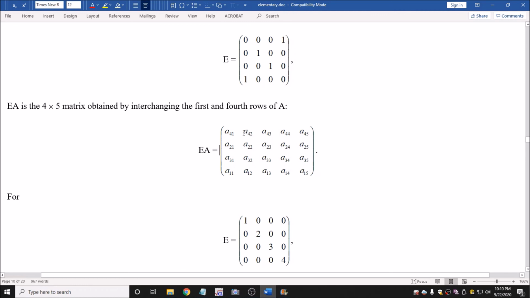So observe here that this is the result after you interchange the fourth and the first rows of A.